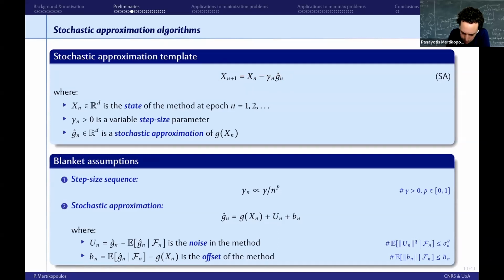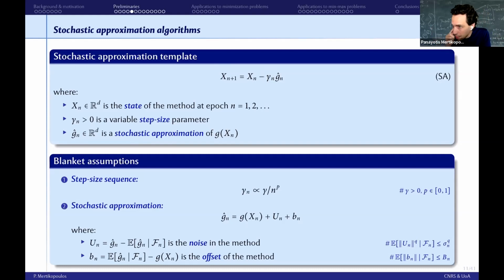So what this means is that the state of the algorithm is being updated by taking a step along a stochastic approximation, as it is being said, of the problem's defining vector field at the point in question. So this could be either the gradient of the function to be minimized or the min-max gradient of the min-max objective correspondingly, either of the two. And this gamma n over here is a step size. So just like SGD in a sense.